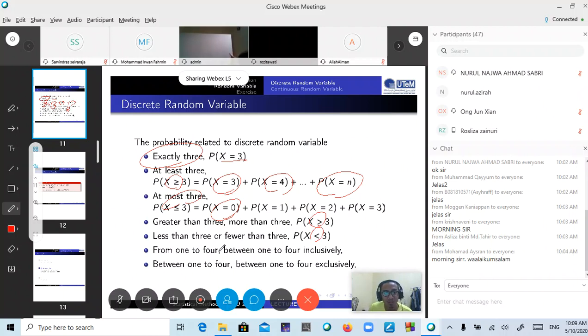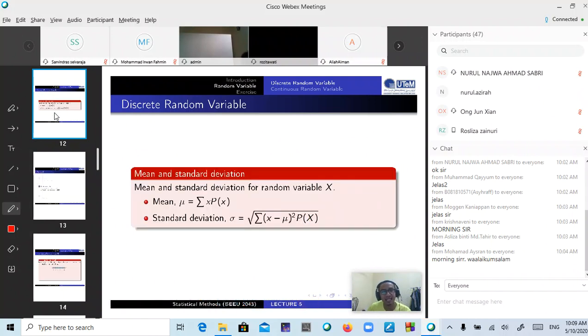From 1 to 4, this is between, in the middle. Inclusive means it has the equal sign, between 1 to 4. For exclusive, it is not included.